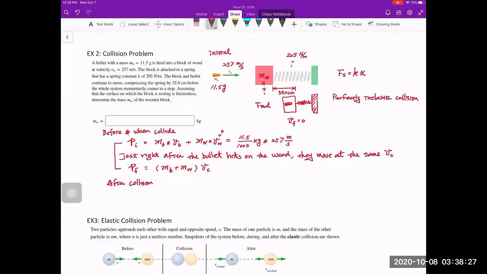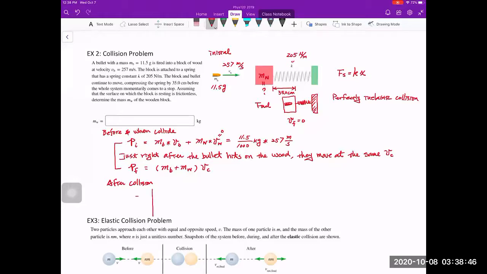So after the collision, because they move with the same speed, they have an energy change. So you need to look at state 1 and state 2.